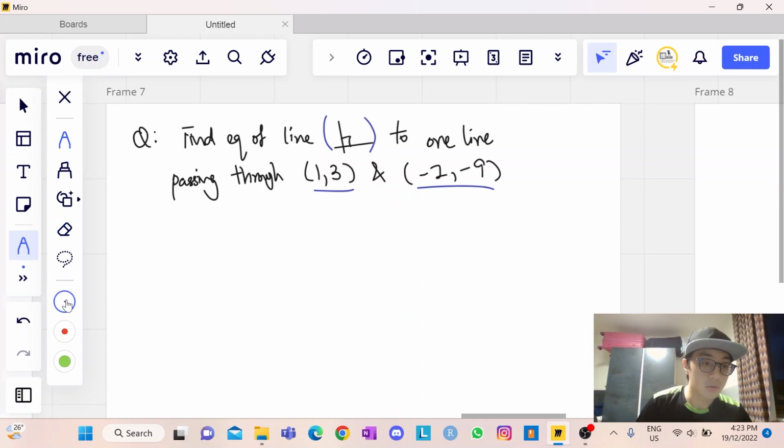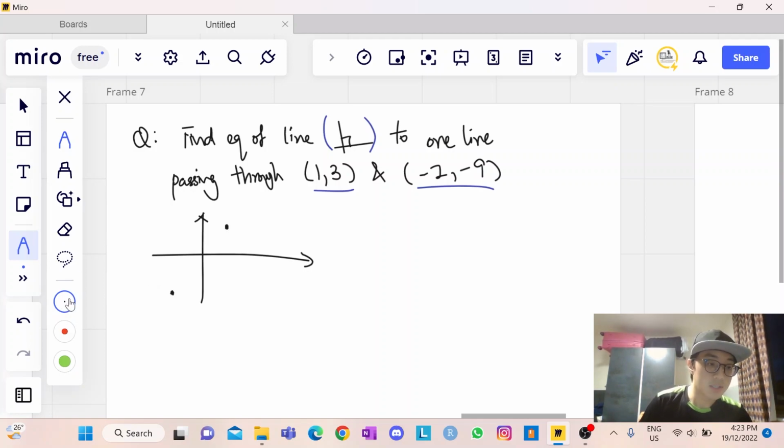If we are going to be drawing it out for easy reference, (1, 3) is somewhere here. (-2, -9) is somewhere here. I have to redraw my diagrams. Something like this. (1, 3) is here. (-2, -9) is here.